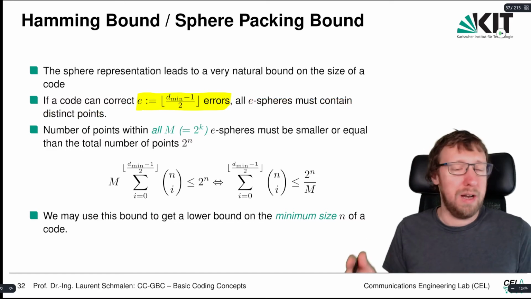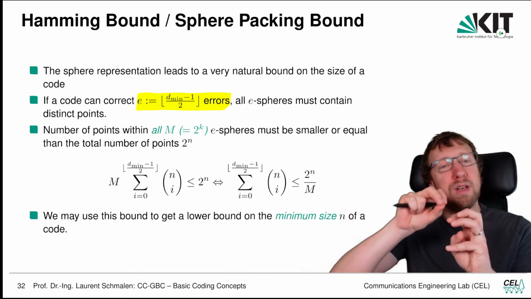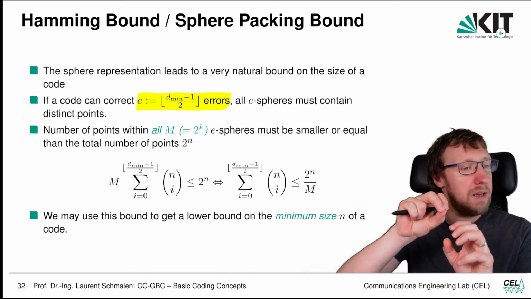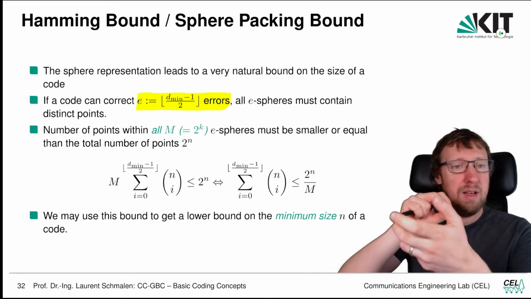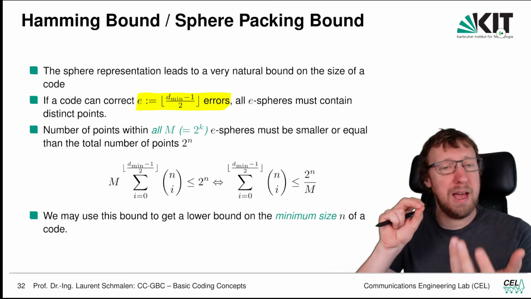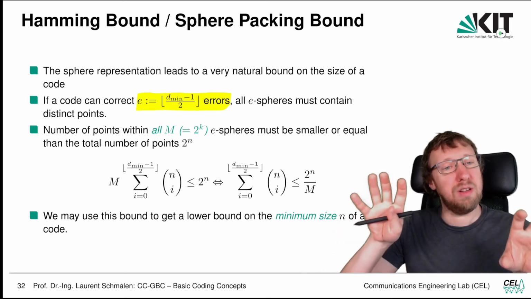They must not overlap, because otherwise we wouldn't know to which sphere the code belongs, and we may correct it to the one center or to the other centers. So it's becoming ambiguous. To have an unambiguous situation, the spheres must not overlap.